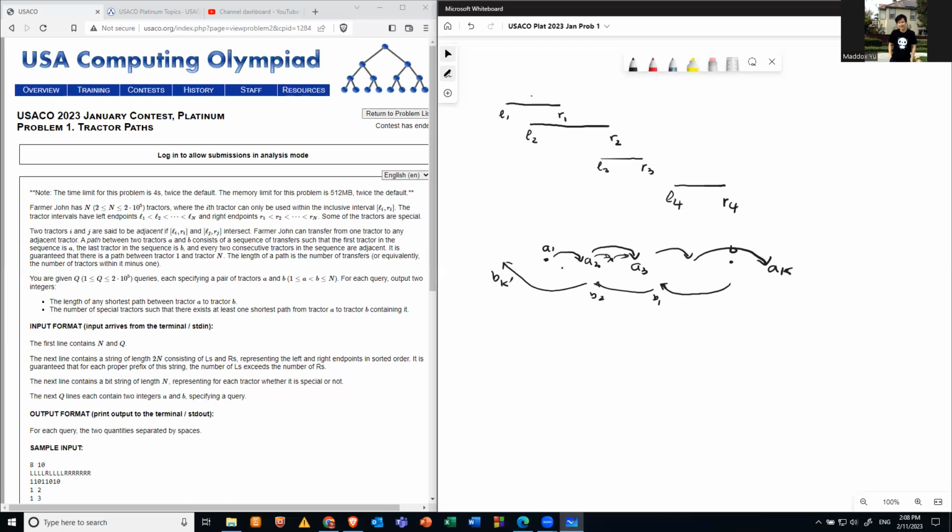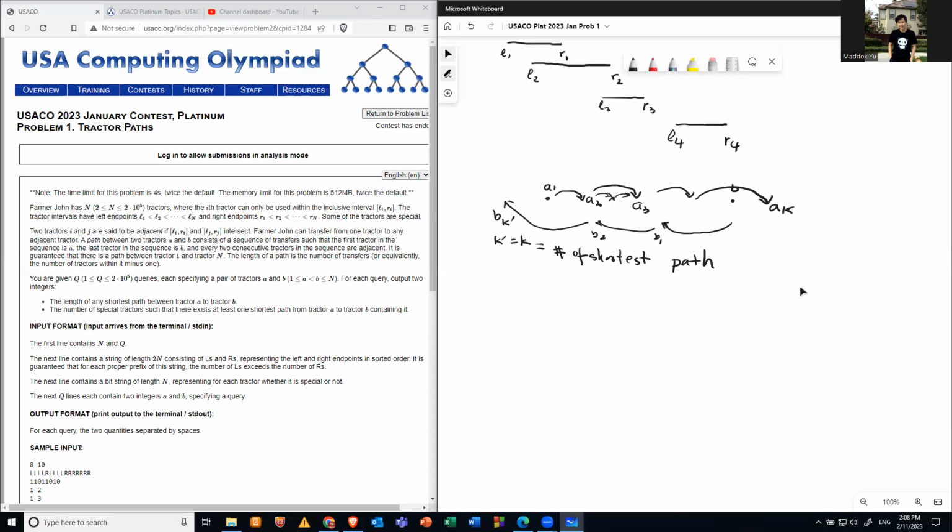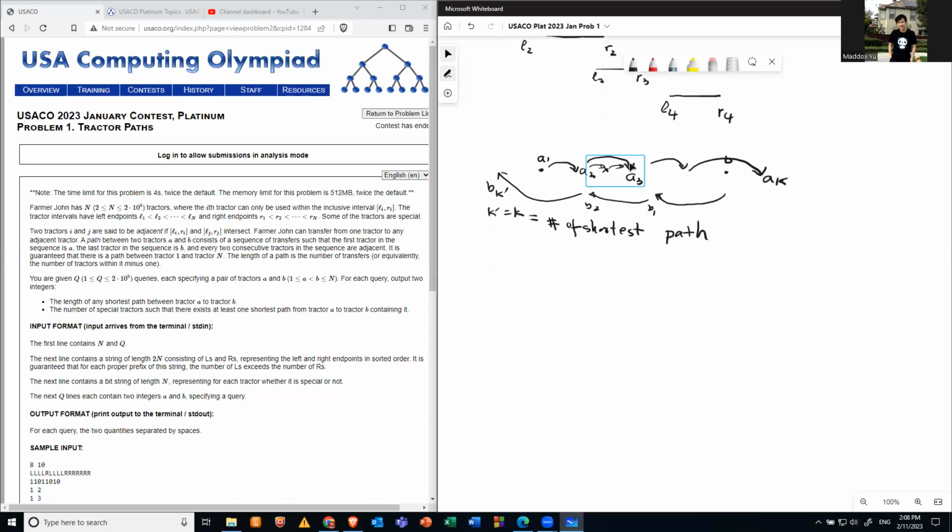So that means this K and this K prime should be the same, so K prime equals K, and that is the number of jumps in the shortest path. So if you can figure all those out, then you can count what the K is, and that gives you the length of the shortest path.